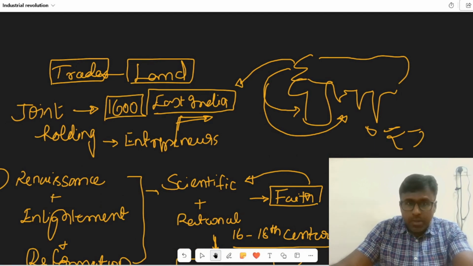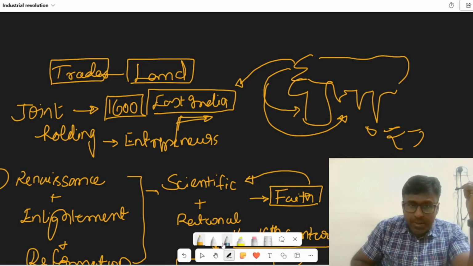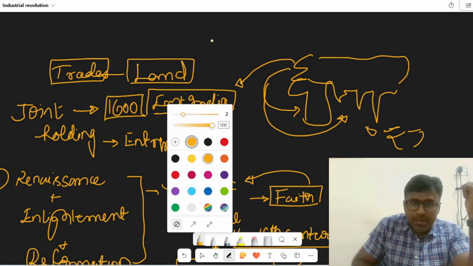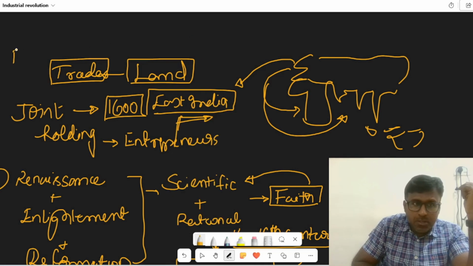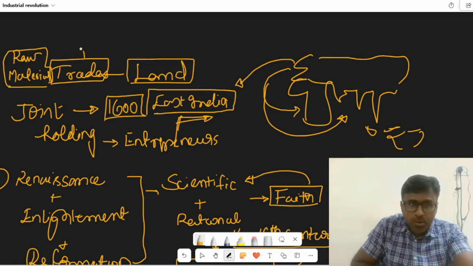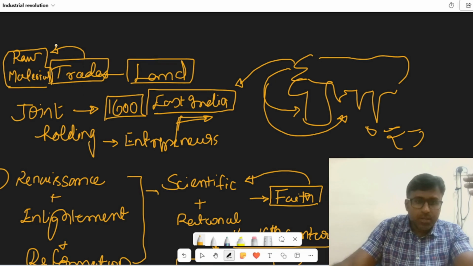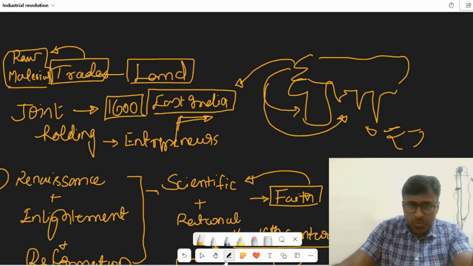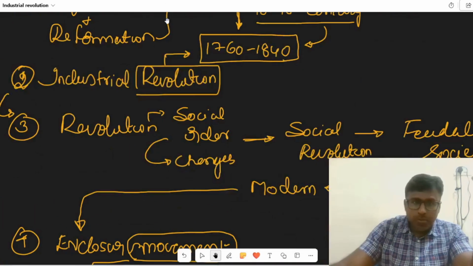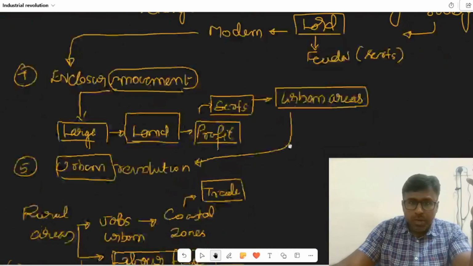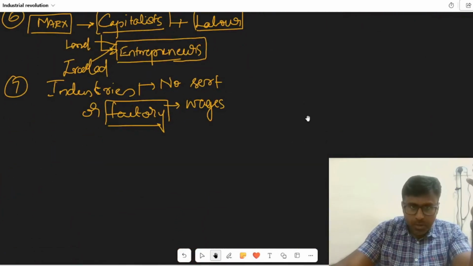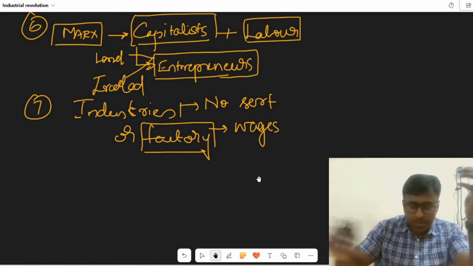When they go there, they also automatically take the raw materials from there. They go for trading and they get many things, but they also get the raw materials. Once the raw materials come to the place, you think about it, my friends, you can have a factory.